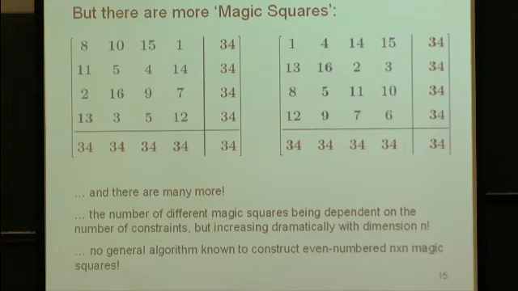For example, it is known that for this type of magic squares, if the order is even, as far as I've read it, there is no algorithm known which can construct these in an automatic way. So if you just ask the question, can I find a magic square 16 by 16 in a systematic way, there might be no algorithm for this.